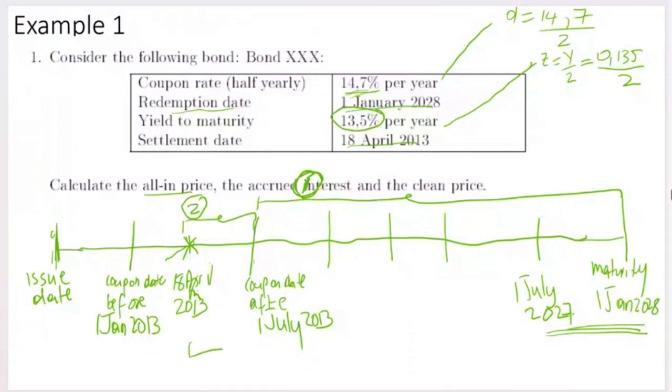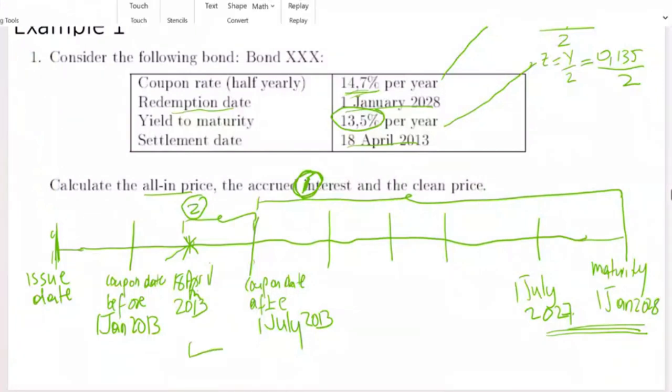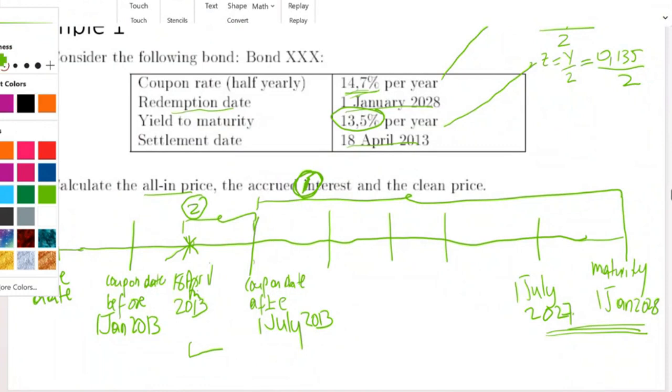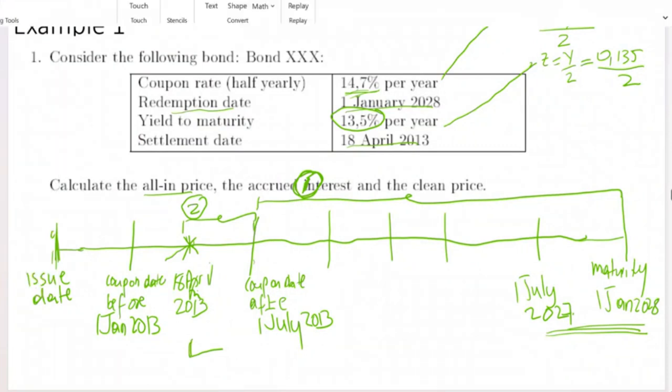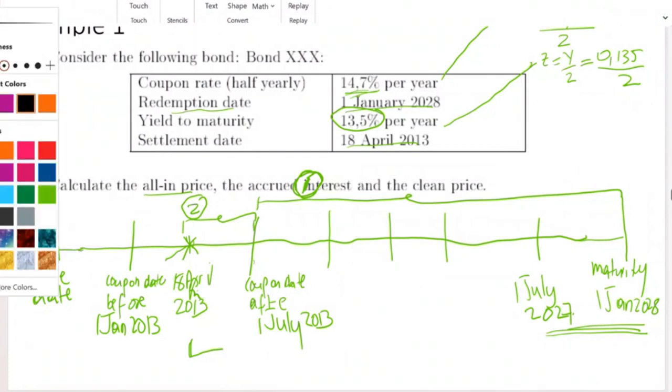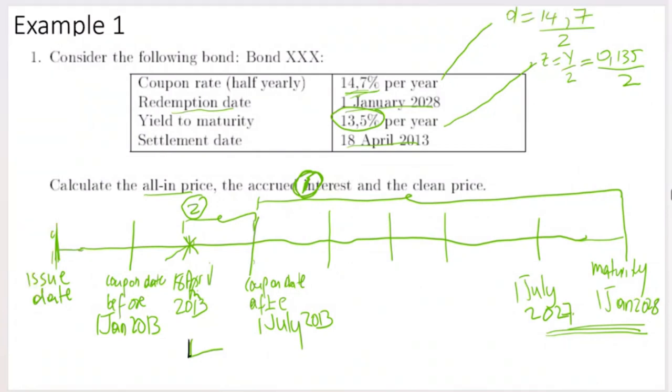So now we know this period, let me get a different pen. This period and this, we are going to call it R. This is our R. And then this period between the coupon date before the settlement date and this one is going to be equal to our A. These are very important dates for our calculation.